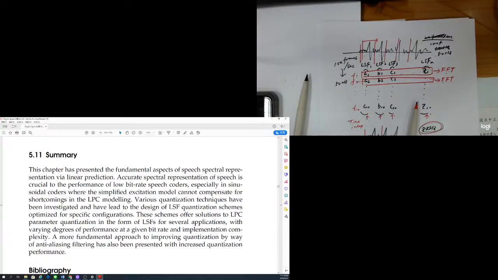In moving average, we take the decoded residual vector multiplied by a prediction coefficient to become the predicted line spectrum pair, and subtract it from the current input line spectrum pair vector.